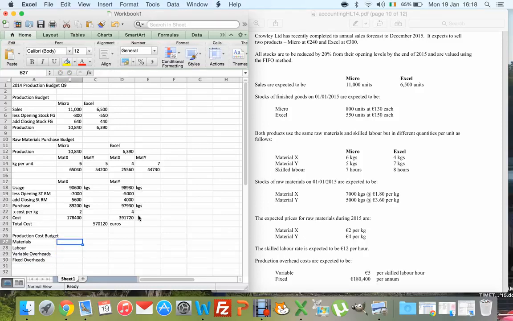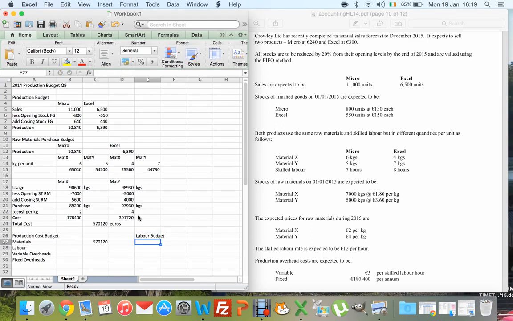So materials, I've already worked that one out. So my labor, I need to do a labor budget so that I can get the total labor cost.